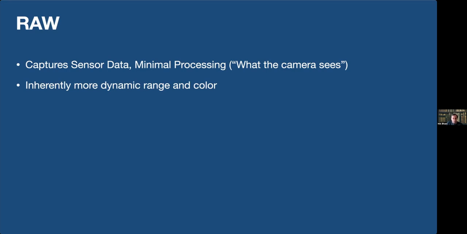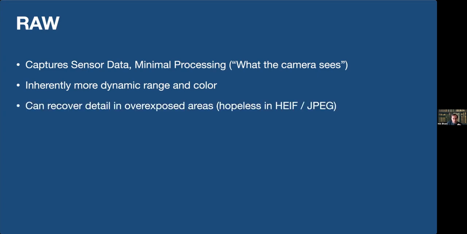It's the number of individual values you can have for any given color. And there's more color options as well. So the color gamut, the range of colors themselves, is greater, and there's finer differentiation between each color.